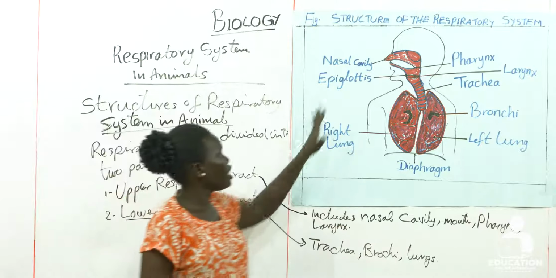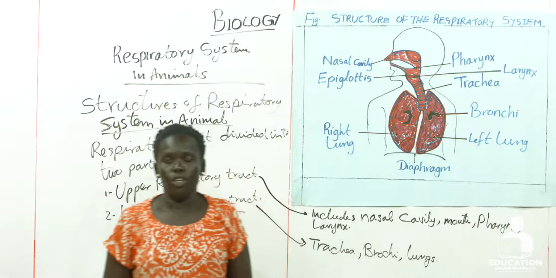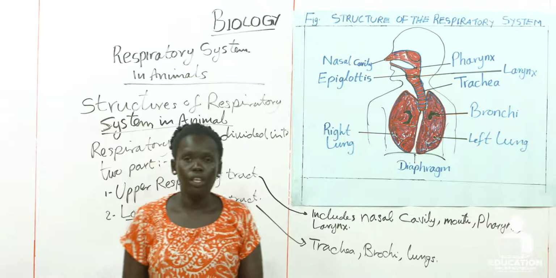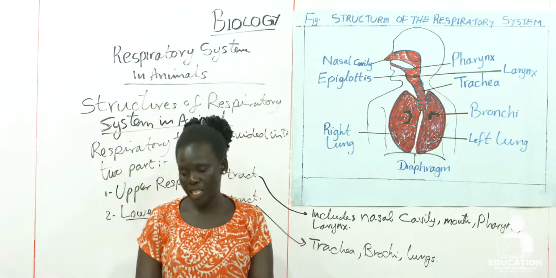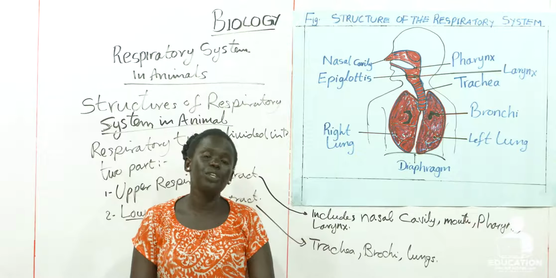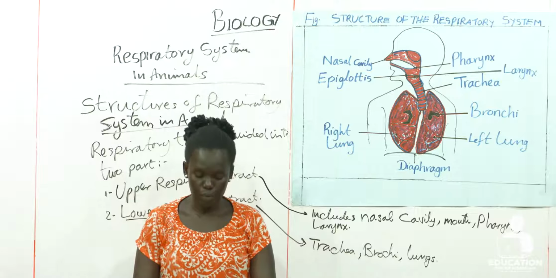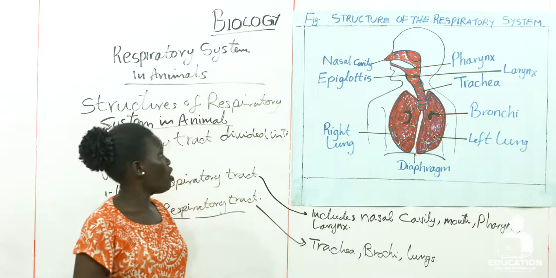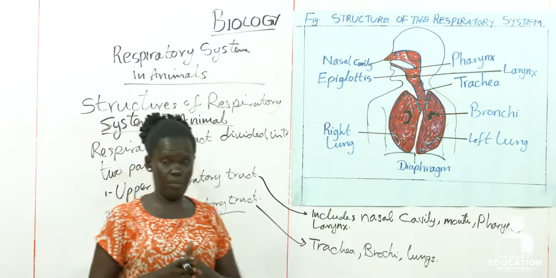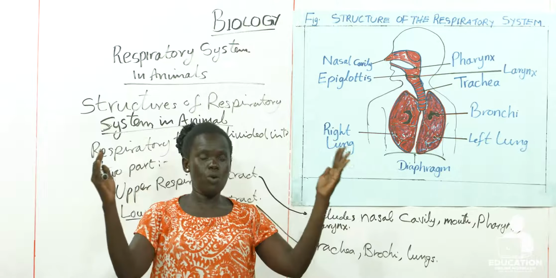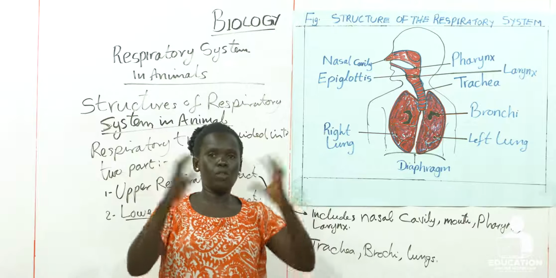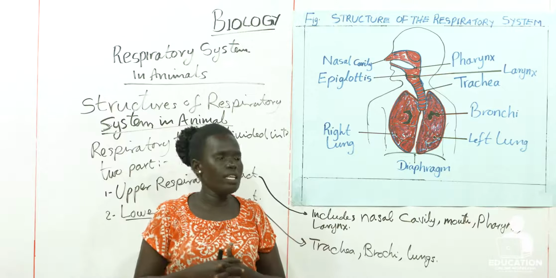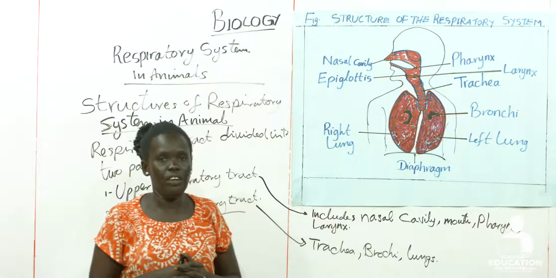So these are the structures of the respiratory system in animal, which is represented by the respiratory system in human. So up to here we are done with the structures of the respiratory system, because we want to see how these structures are positioned, or how they are built up to make up the respiratory system in animal.